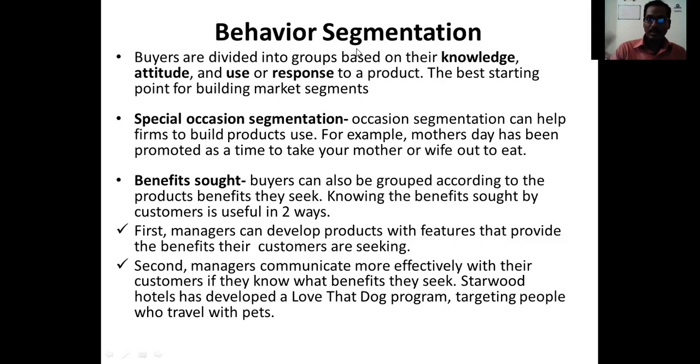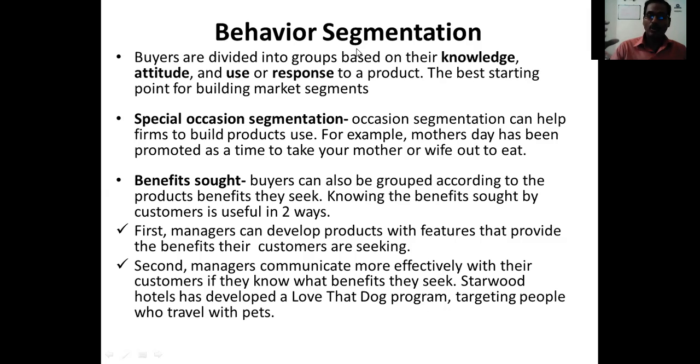In our coffee example, if we know that a particular target customer buys coffee for socializing, managers can do two things. They can add features to make coffee suited for socializing, which is why we have cold coffee, espresso, cappuccino, and different types of coffee.